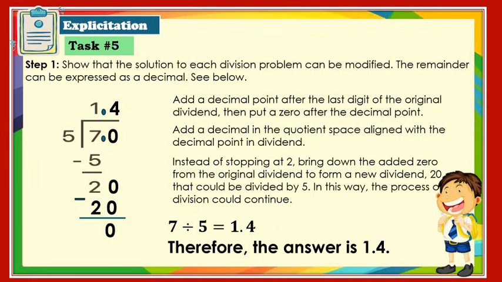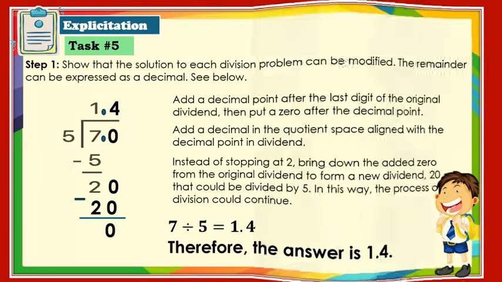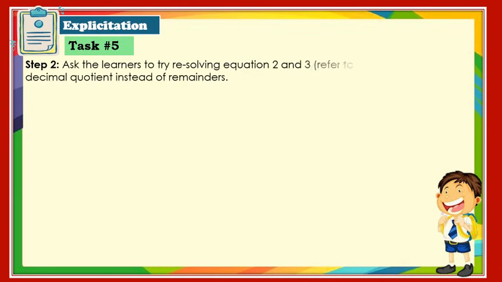For your task number 5, try to solve equation number 2 and 3 to get a decimal quotient instead of remainders, just like what I did in the first one. And then I'm going to give you 5 minutes to answer.